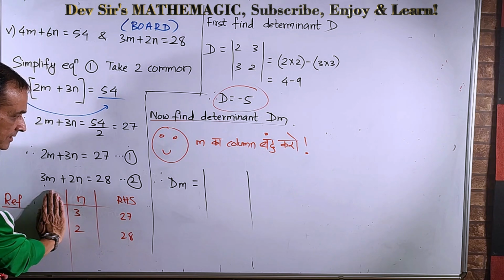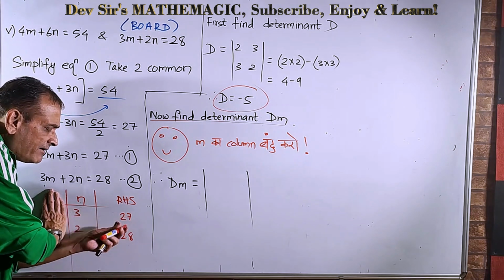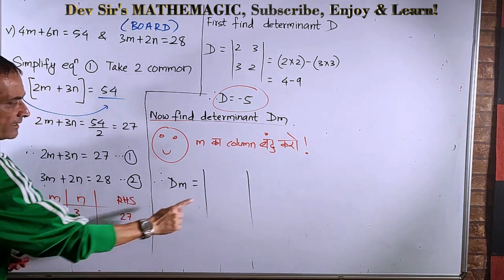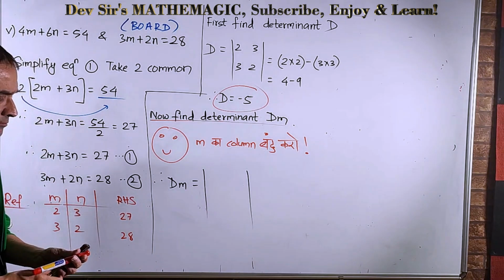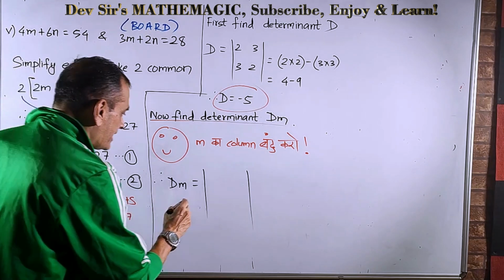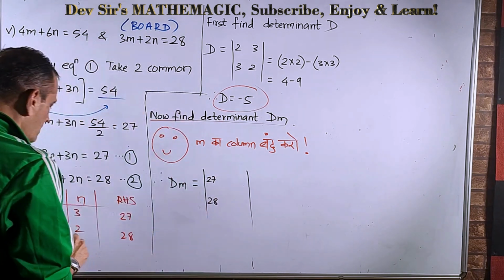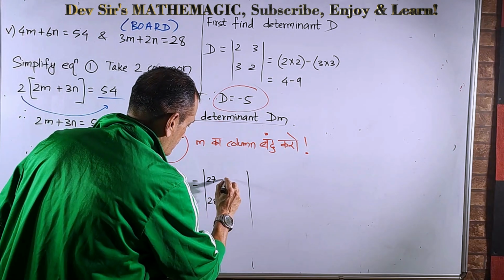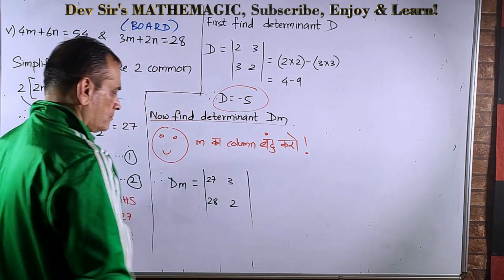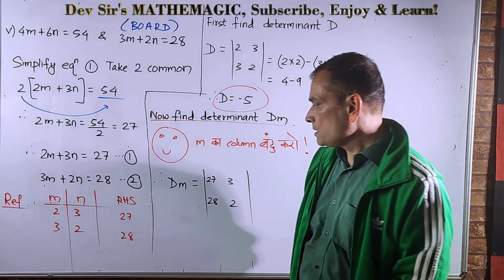When the column of m is closed, what is in the RHS? 27, 28. That becomes your first column. Write down: close the column of m, replace by RHS 27 28. This remains unchanged. N remains unchanged. Expand.